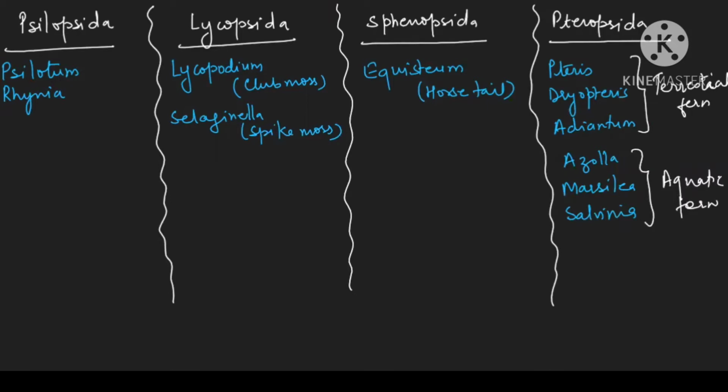Clear? Now see here, this is homosporous. This is homosporous. Even this is also homosporous. Learn properly. First and third box is strictly homosporous. Now, I'll highlight which are heterosporous. We will highlight only heterospory. So this is heterospory.